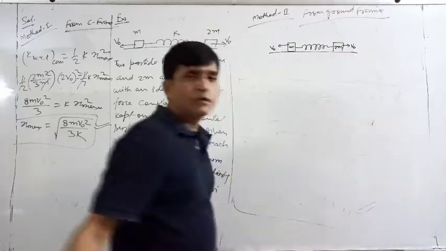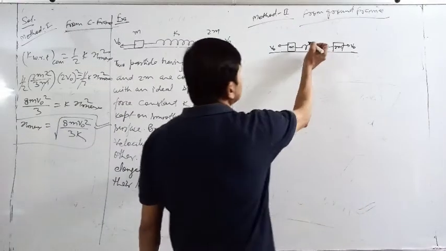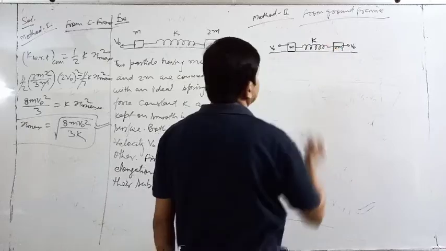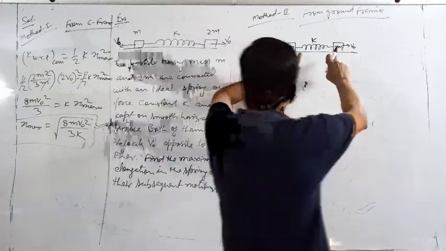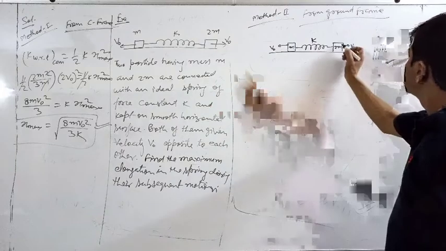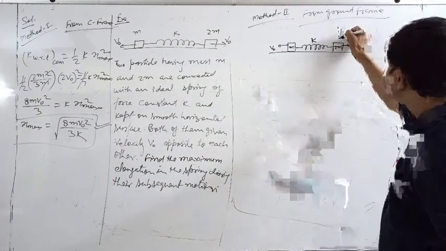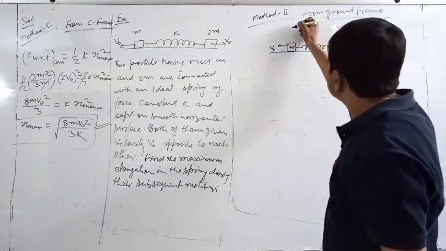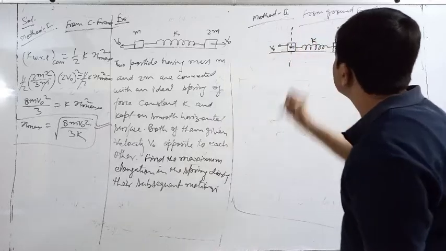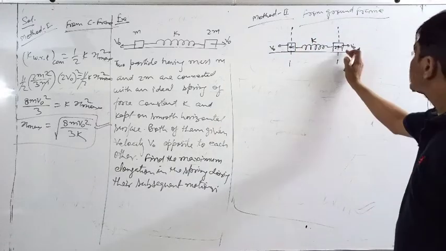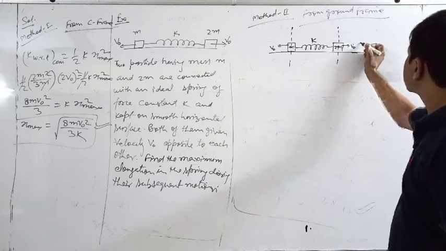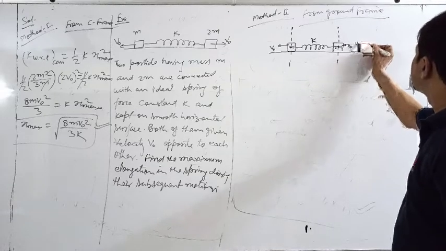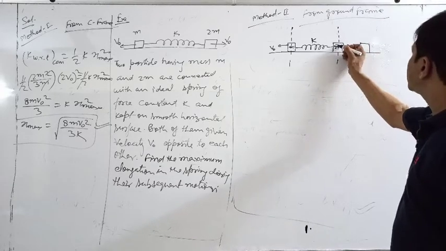The spring is at its natural length initially. Let these be the initial positions. As they move, after some time this one may be somewhere here, and this one may be somewhere here.